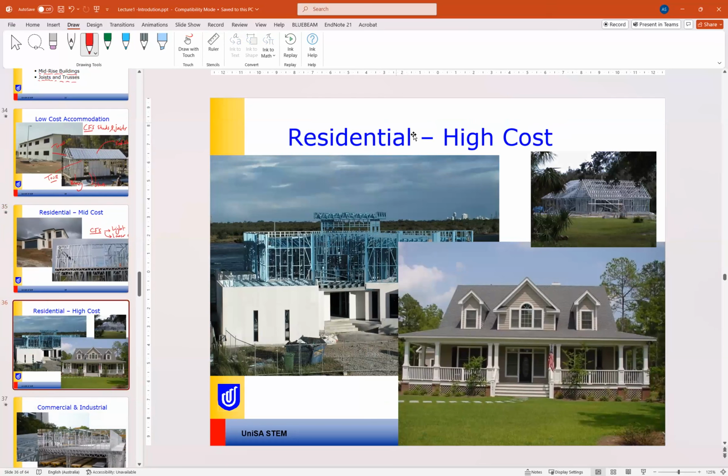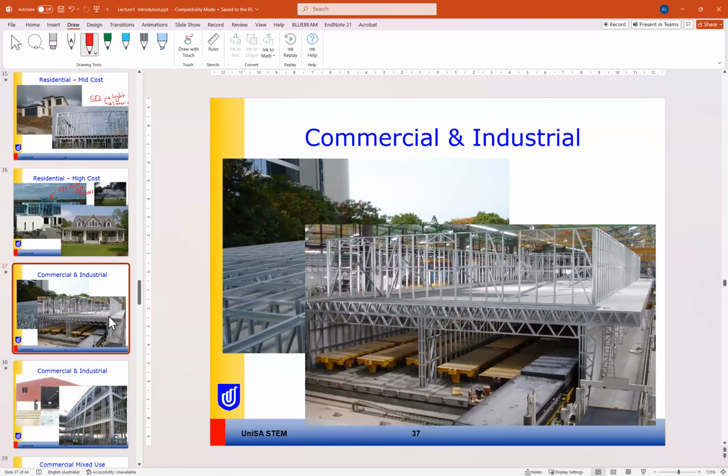And this may be another house, higher cost because it is a bigger house, but still using cold formed steel studs and joists and trusses. So all those are examples of residential buildings using cold formed steel.